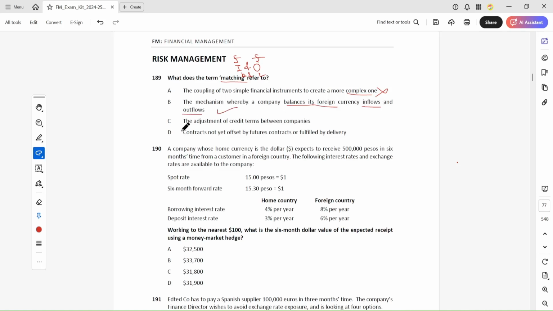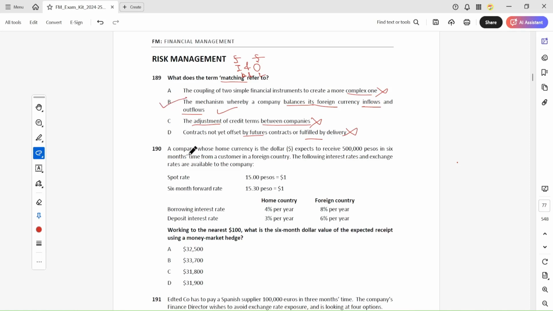Yes, inflow and outflow. The adjustment of credit terms between companies? No. The contract not yet offset by futures contract or fulfilled by delivery? No. So matching is inflow and outflow. This is the correct answer. We have to select only one.